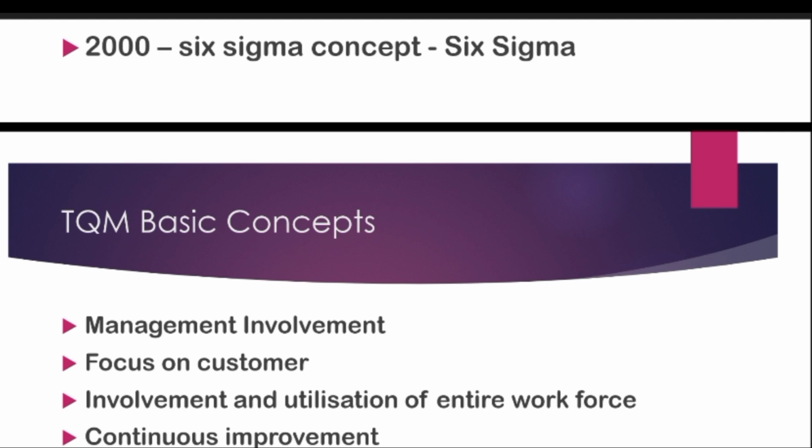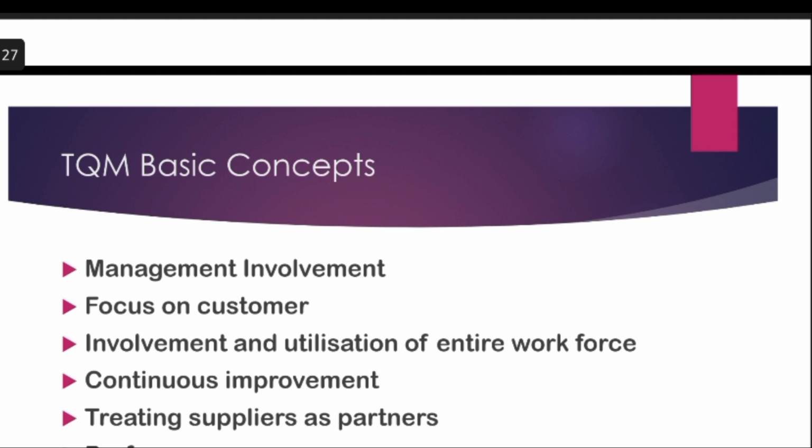And the fourth one is continuous improvement. If there is any improvement in the organization or institution, it should be continuous, and it should not be dropped off. And the fifth one is treating suppliers as partners. While applying TQM, from the bottom workers to the top management, everyone plays a major role in continuous improvement of the organization or institution or industry.